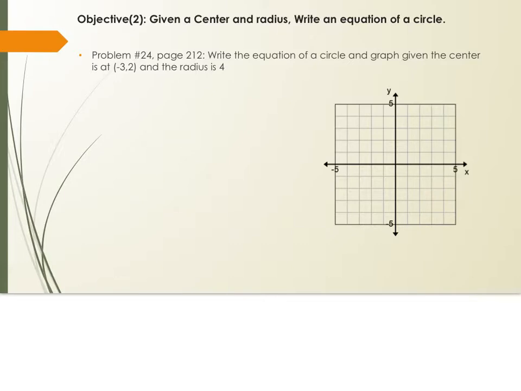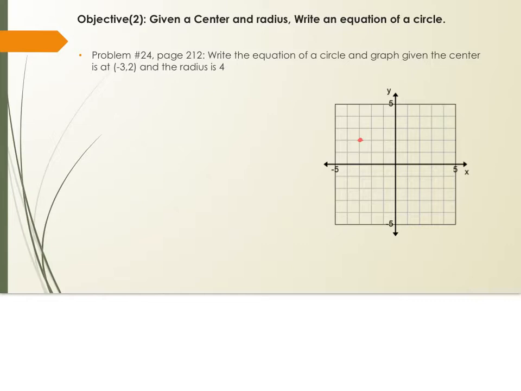So the first thing we're going to do is graph the equation. I'm going to put the center in at (-3, 2). So we will put that in right there.